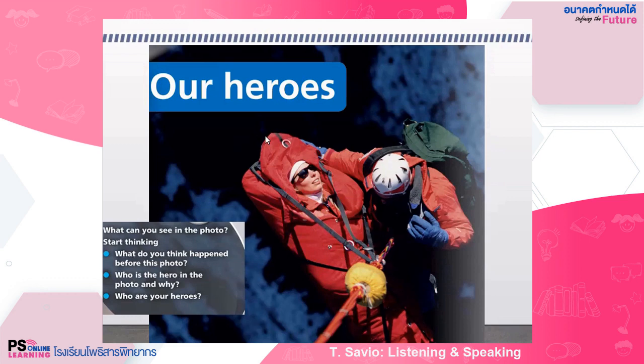So exactly that. She must have been in danger of some sort and then must have called for the Red Cross to save her. Who is the hero in the photo and why? This person who is rescuing her would be the hero because he's doing a good deed.